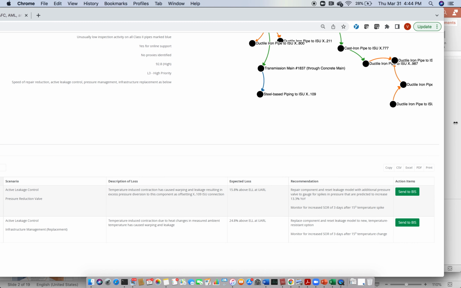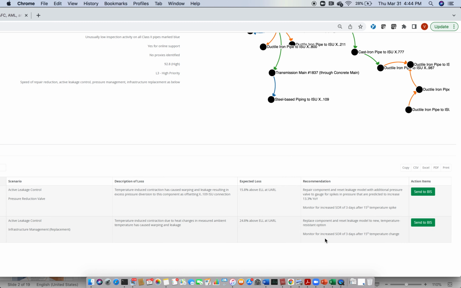Based off of this analysis and based off of the predictive capacity of this analysis, a cost-normalized view of what needs to be done generates the following recommendations. We must repair the component that is causing the greatest level of loss, and we must install a pressure reduction valve to essentially control for spikes in pressure that are increasing the level of loss, and where the types of events that lead to that type of pressure change are projected to increase 13.3% year over year due to the increasing nature of volatile climate events.